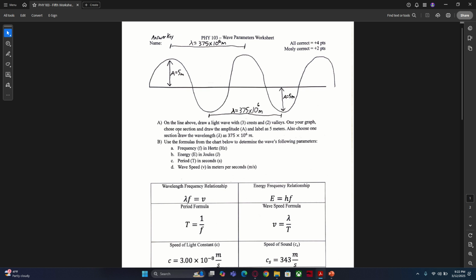On your graph, choose one section and draw the amplitude and label it as 5 meters. All right. Again, the amplitude can be between this arbitrary axis and either the high point of a crest or the low point of a valley.